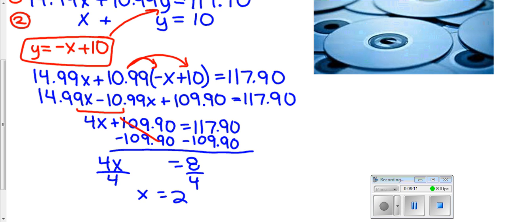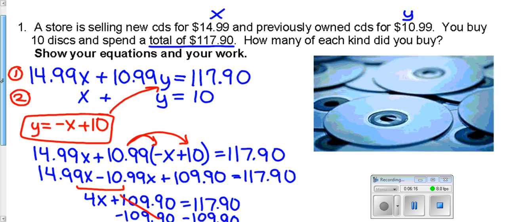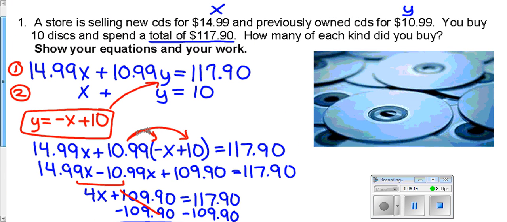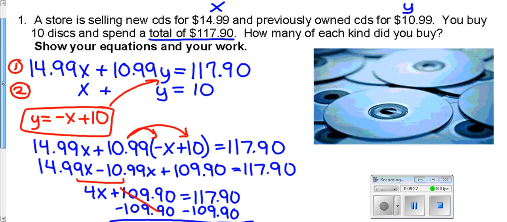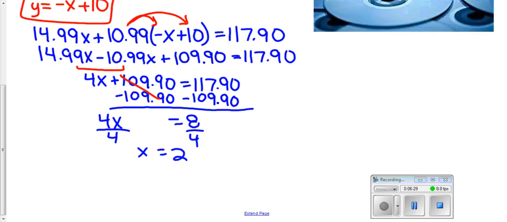Now you have to pay attention to what the problem is asking, because in the original problem, we just solved for x, so that's telling us that we can buy 2 new CDs. So when you label your answer, you need to make sure that you do just that. So we have new CDs, and we can buy 2 of those. Now we're going to figure out how many of the old CDs we can purchase.